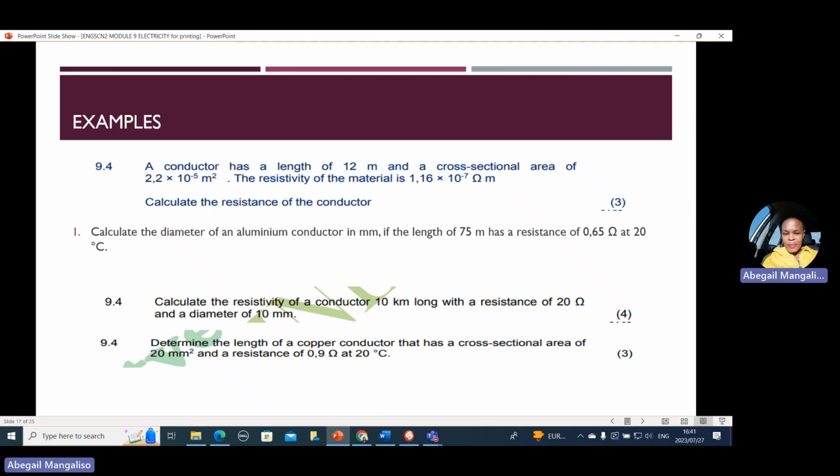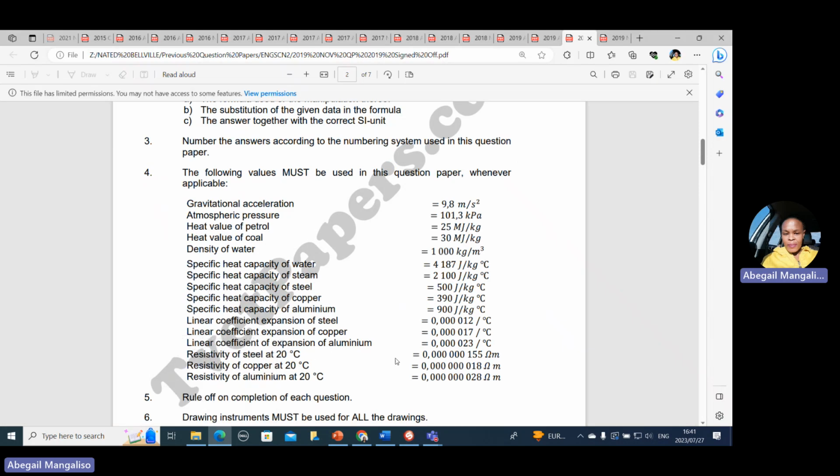The type of material is copper. So we're going to go to the table of constants to get the resistivity of copper. It's 18, so resistivity is 0.1234567 and 18 ohm meter.